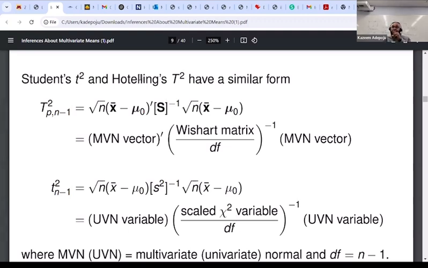So comparing the Student T-squared with the Hotelling T-squared, they are different in terms of the number of variables. One focuses on one variable, the other on many variables, and the distribution of the variance in each is different. For the multivariate case, it's Wishart, and for the univariate case, it's a scaled chi-squared.